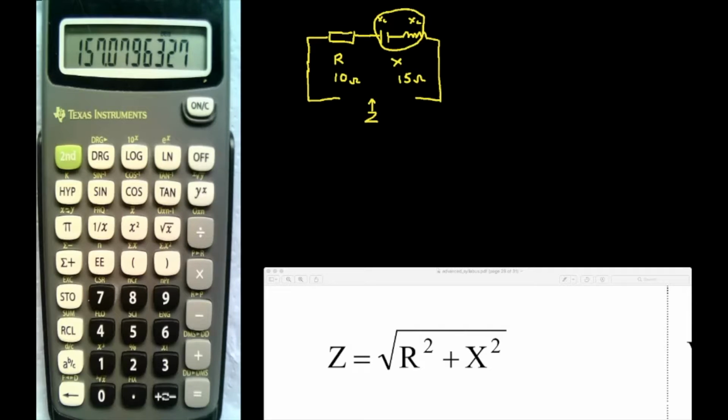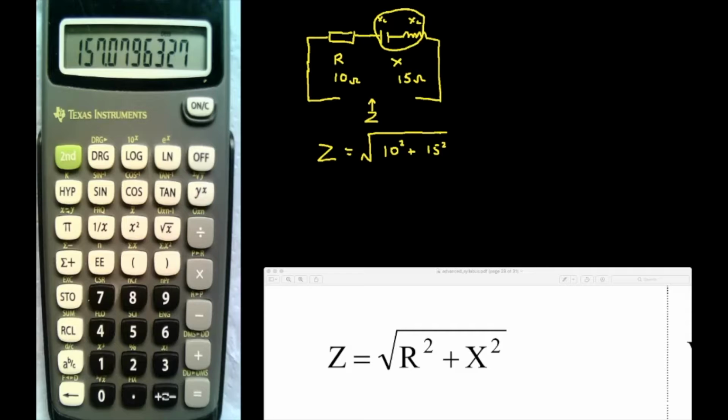So here we want to work out Z, so we say Z is equal to the square root of the sum of 10 squared plus 15 squared. Z equals square root of 10 squared plus 15 squared.